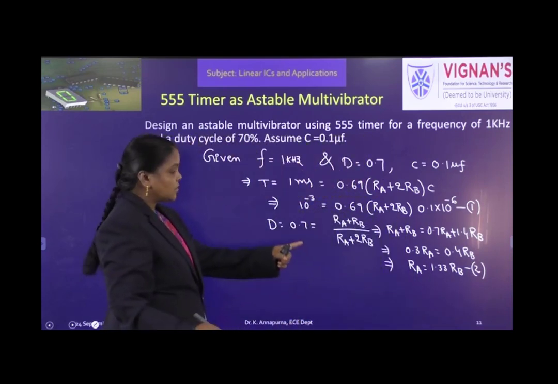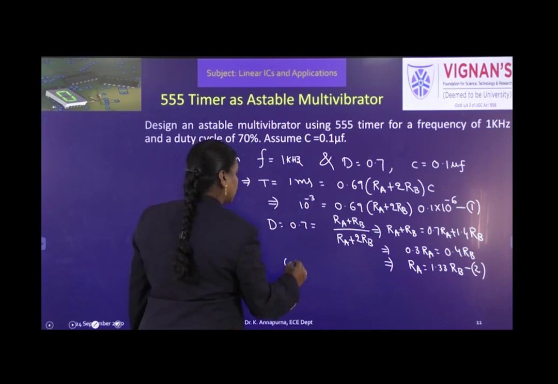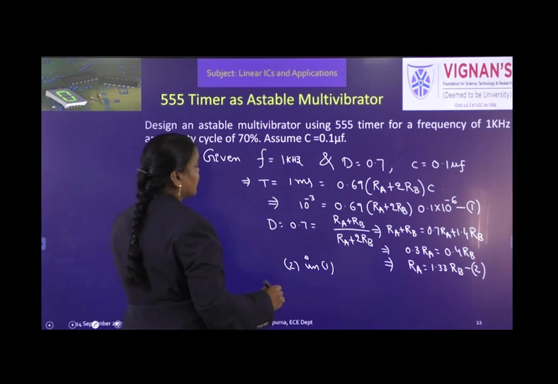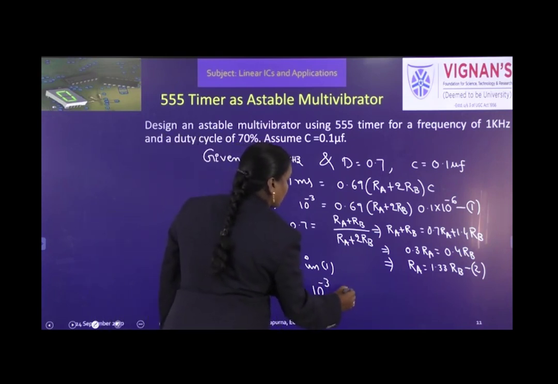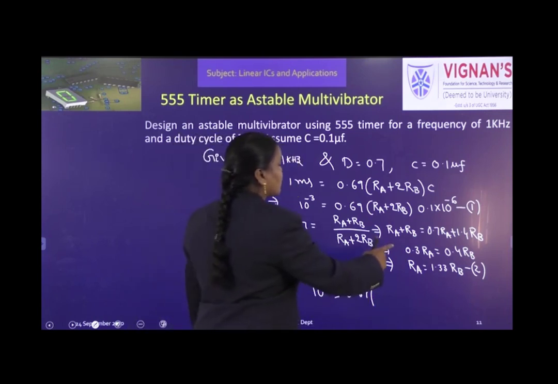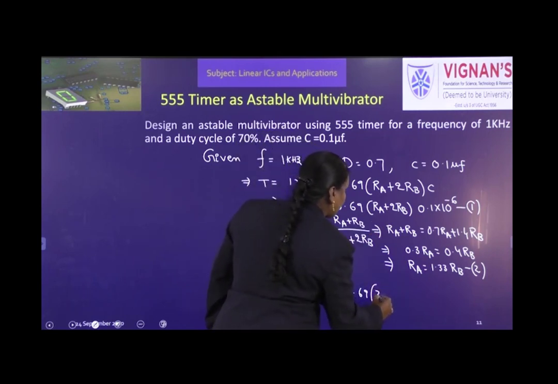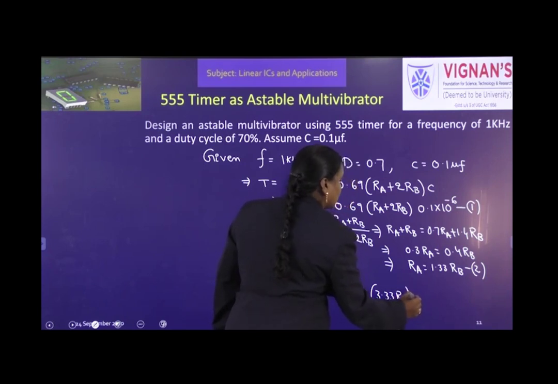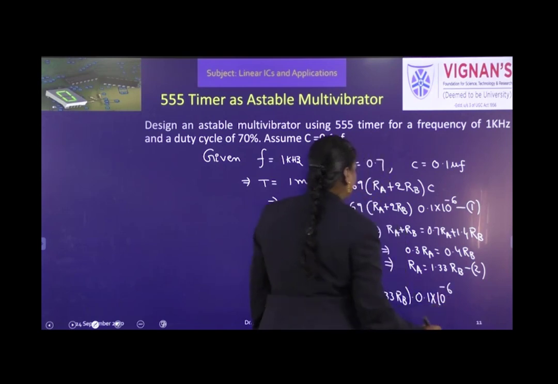Now substituting this in equation 1: 10 power minus 3 is equal to 0.69 into (1.33 RB plus 2 RB), which in total becomes 3.33 RB, into 0.1 micro.